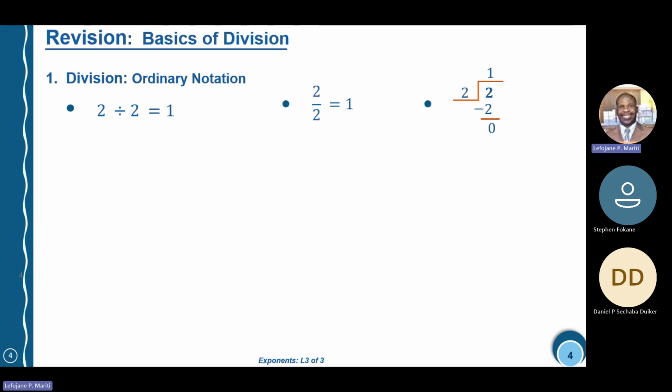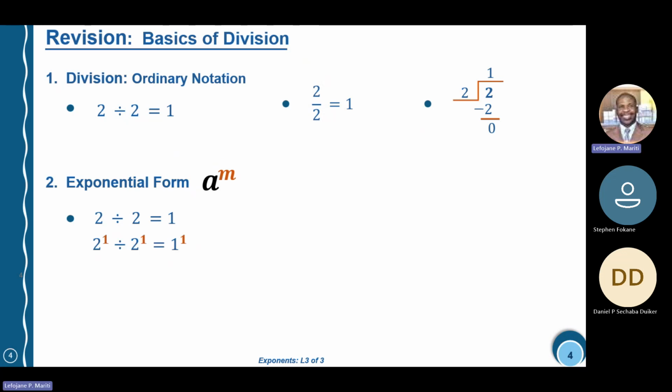But then we introduced the exponential form, where we have to indicate the base and the exponent. And how does this now address the question that we had? In this instance, your 2 divided by 2 in that form is not reflecting the exponential form as requested. Now, for that to happen, we need to put it this way.